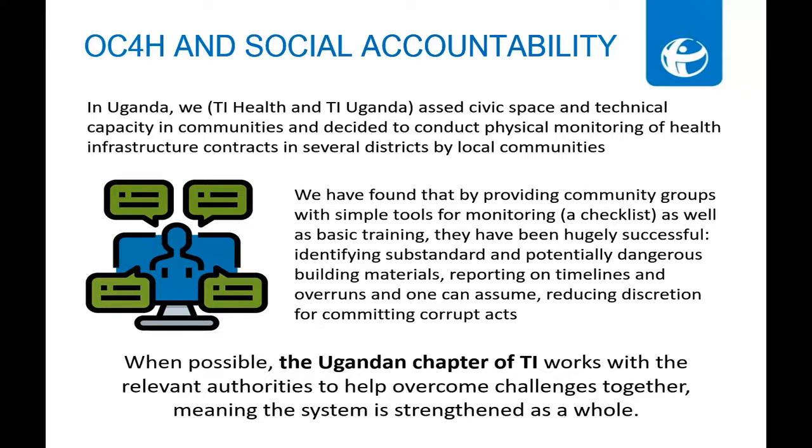So, for example, in several districts, we noticed that the standard of certain bricks wasn't up to scratch, which would have meant a quicker degradation rate. And we also found in one district cement that would likely have resulted in roofing collapses.